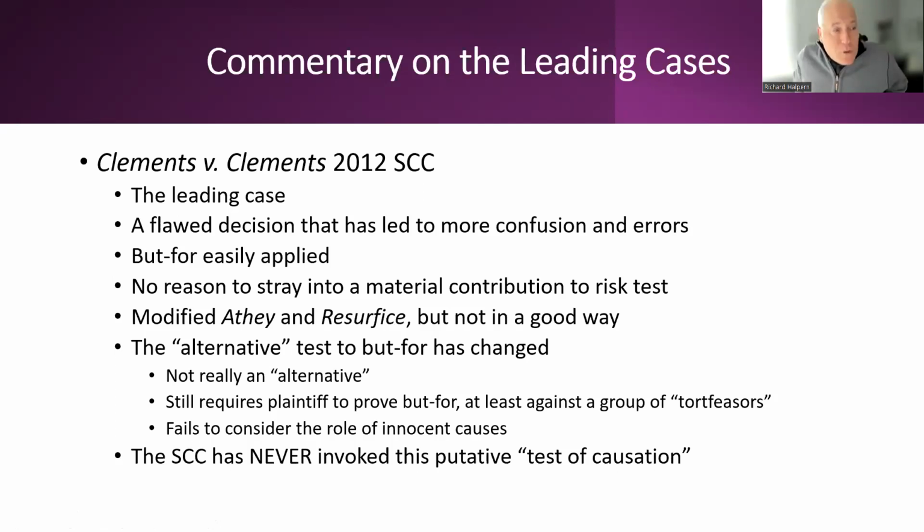Now, many of you will know the leading Supreme Court of Canada case on this point, which is a case called Clements and Clements, a decision of Chief Justice McLachlin, as she then was. It's the leading case. It's been cited by all of the subsequent cases as the authority for the proposition that but-for is the default test, but there is an alternative test for causation, and I will suggest to you that Clements is a severely flawed decision of the Supreme Court of Canada.